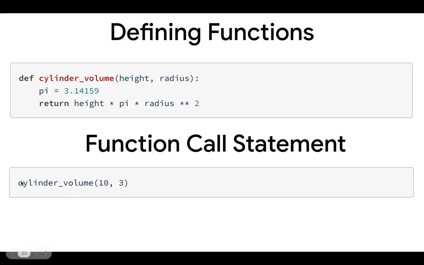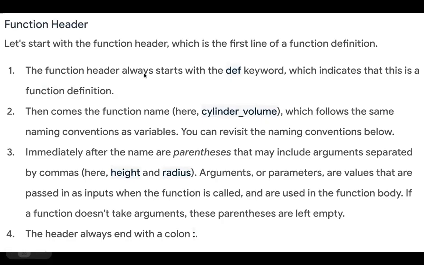Actually, it will not display it here because we have no print statement. It will just pass this value to something when we call the function. But if we want to see the output, we want to print the output of a function, we need to write print here, or we instead can use print statement instead of return statement. I think I might explain to you in a difficult way.